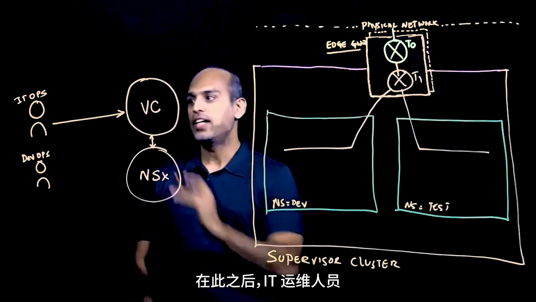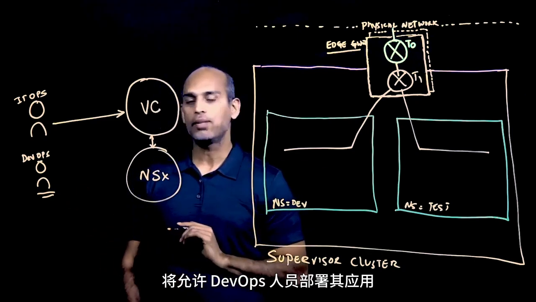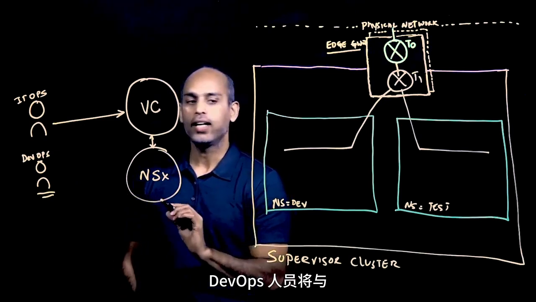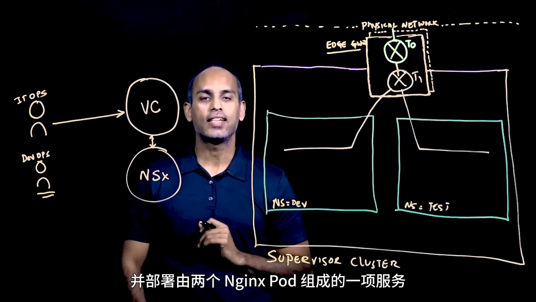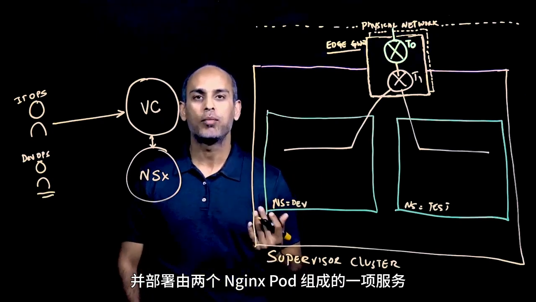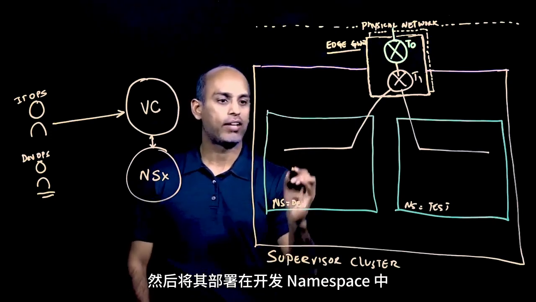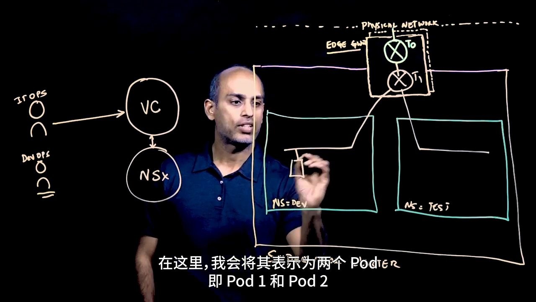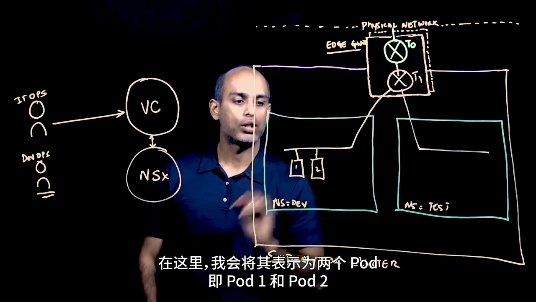After this is done, the IT ops person would now allow the DevOps person to go and deploy his application. So the DevOps person would interact with the K8s API that is exposed as part of the supervisor cluster and deploy, let's say, a service which is made up of two Nginx pods, and deploy it in namespace dev. So here, I would represent this as two pods, pod 1 and pod 2.